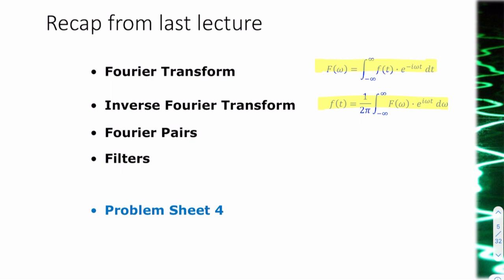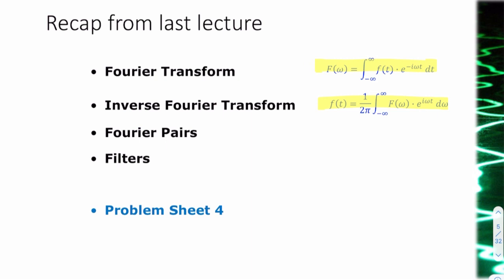So for the Fourier transform, we take f of t, we multiply it by this complex exponential and integrate it over all time. And remember, because it's not a periodic signal, we're not integrating from minus T over 2 to T over 2. We're not dividing by T, it's over all time.